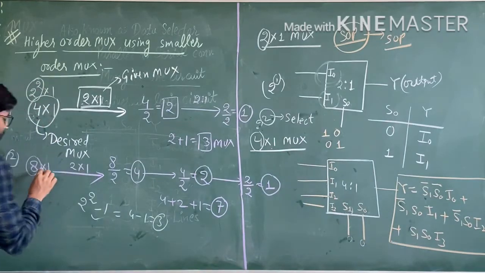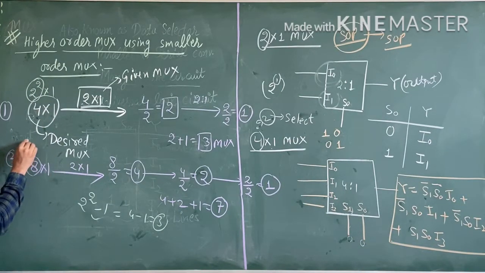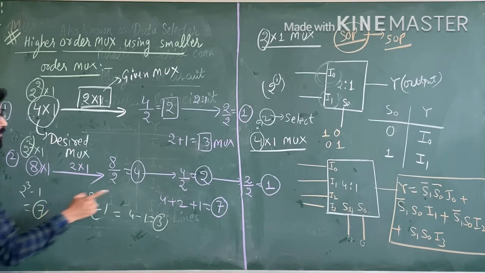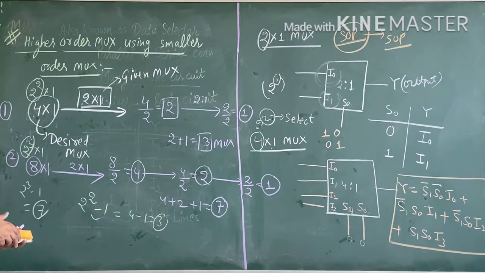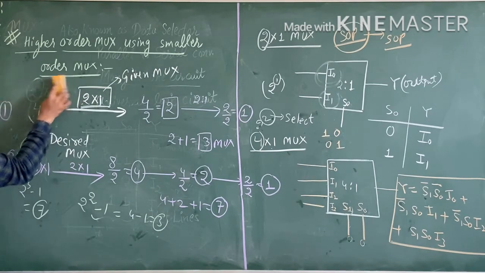Suppose this is 8 cross 1. You have to write this as 2 raised to the power 3 cross 1. So you have 2 raised to the power 3 minus 1, and the answer becomes 7. It is cross checked. So we have to generalize this expression in this way.